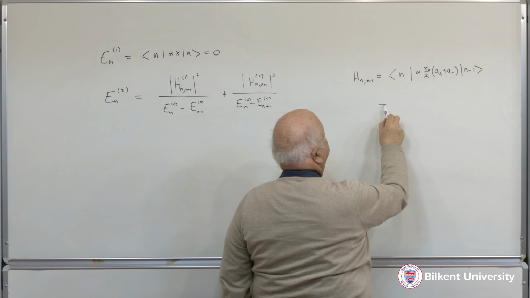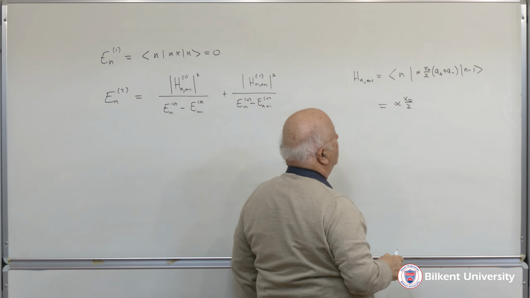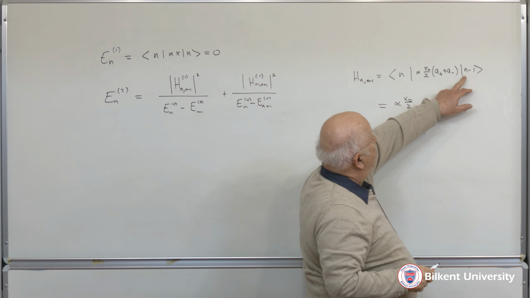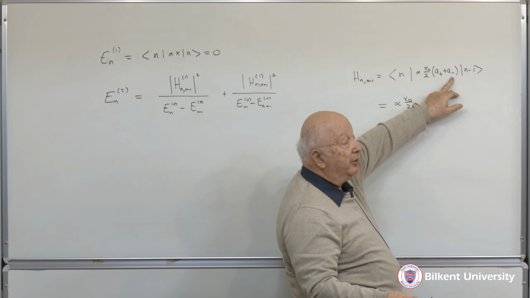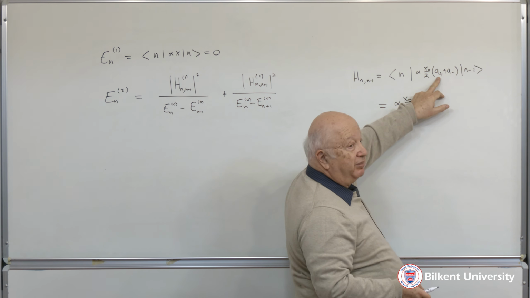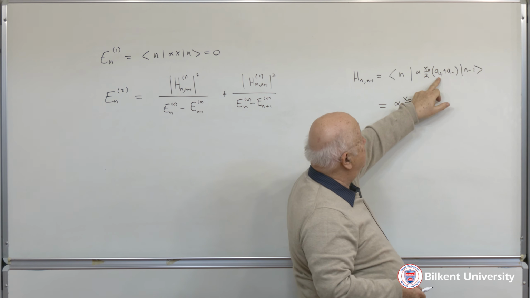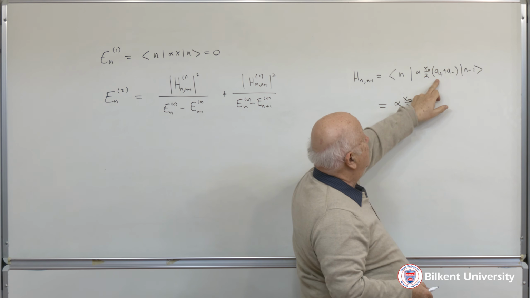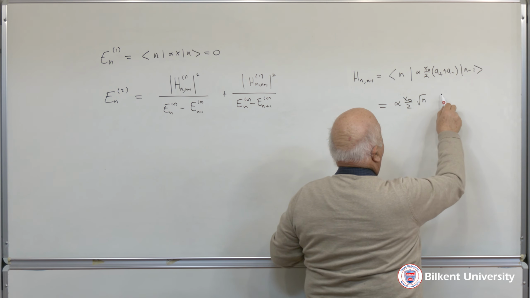So what will this be? Alpha x0 over 2. Okay, so a minus will lower this, so I don't have to worry about that. So it's the a plus that I have to work with. And a plus is going to give me what? Square root of n times n.